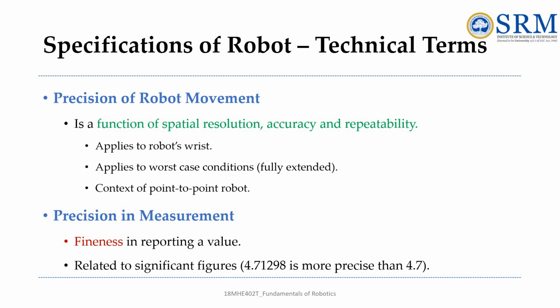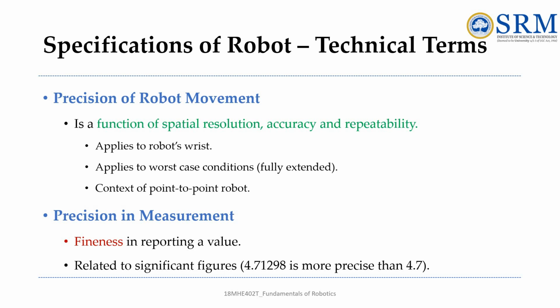Next, precision of robot movement is kind of like how well it can hit a specific target repeatedly. It's determined by a few factors, including how detailed its control is. Like a difference between being able to hit a target within an inch or within a millimeter.